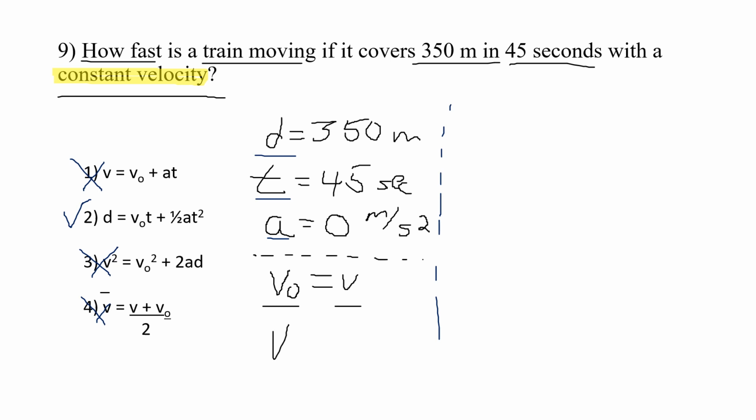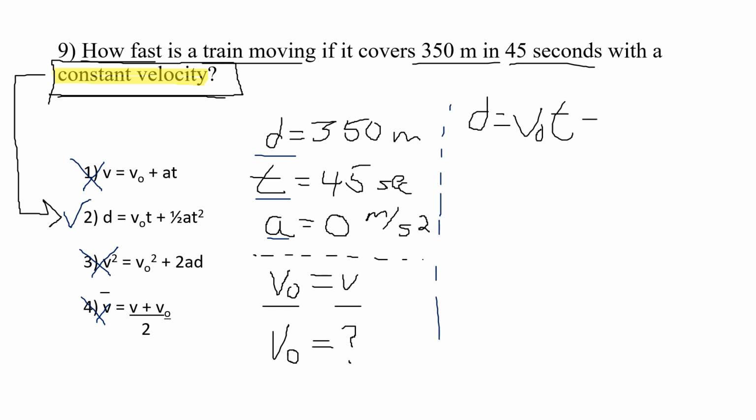I'm looking for v naught in this equation because it's the same thing as v. In fact, if ever you see constant velocity, I'll give you a little hint: equation 2 is pretty much the only way to go.